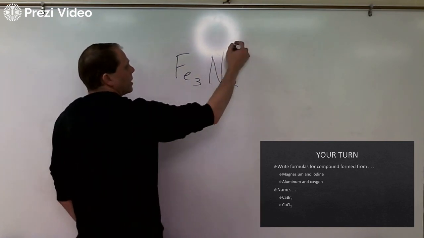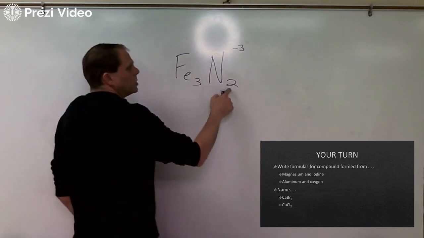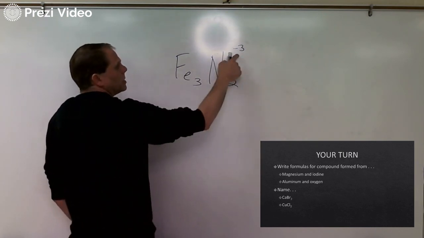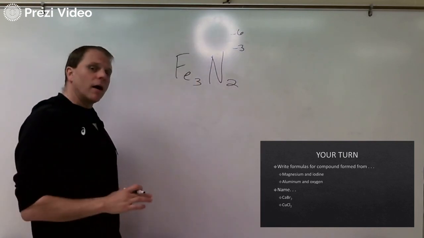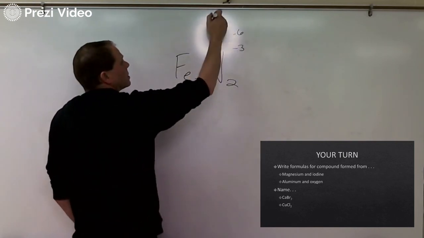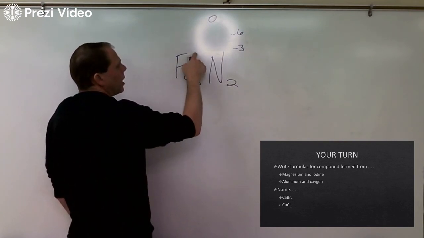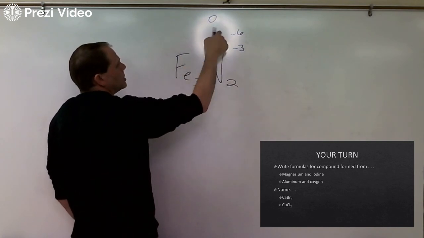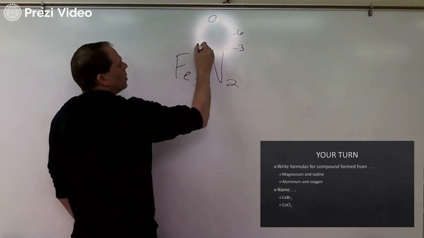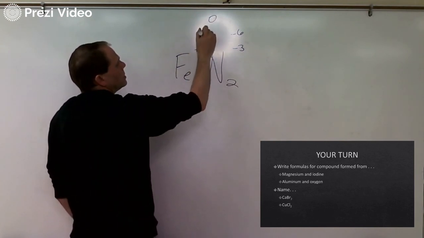Well, I start with my anion, and nitrogen's charge is a -3. But I have 2 of them. So 2 times a -3 is a -6. I need all of my irons to balance out with a -6 to become a 0. And so I have 3 irons. So how many of my irons at what charge is equal to +6? Well, it must be a +2 charge, because 3 times 2 is 6.